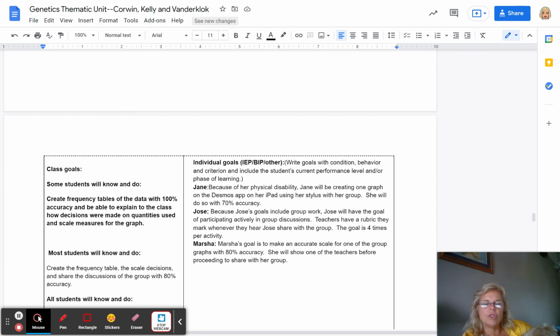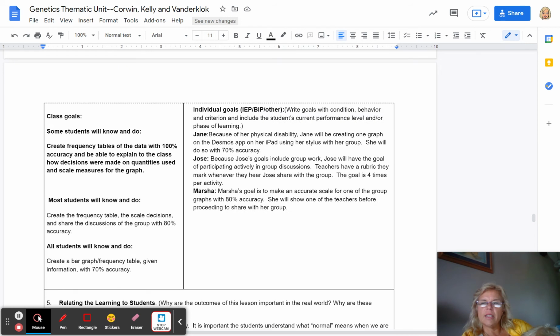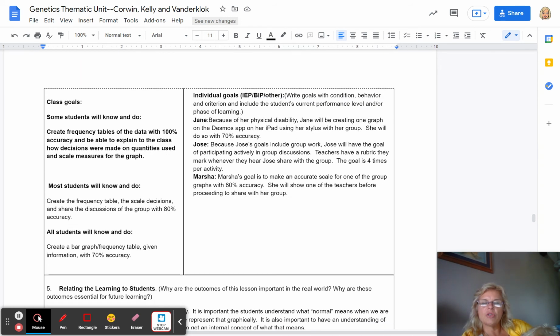Usually this type of work, students are able to grasp at their level, regardless of how much math they know, and we read it aloud to them, so that's an accommodation they get in class.